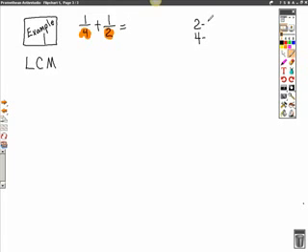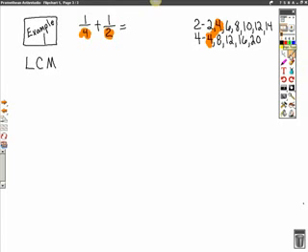In this case, 2 would be 2, 4, 6, 8, 10, 12, 14, and so on. 4 would be 4, 8, 12, 16, 20, and so on. But we can clearly see that now the 4 would be our LCM, or our lowest common multiple.